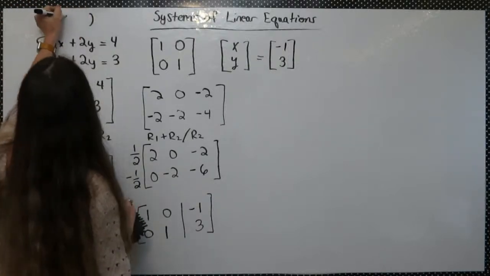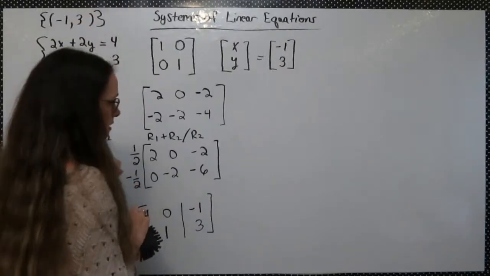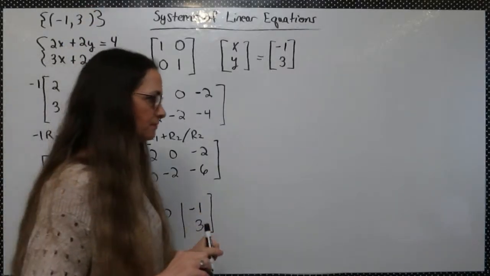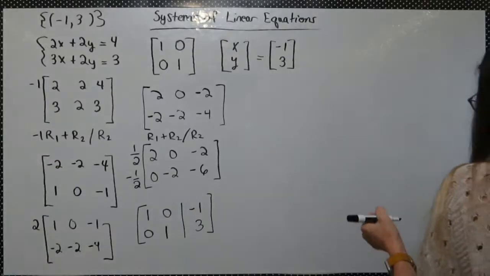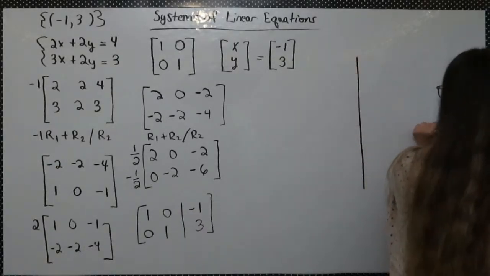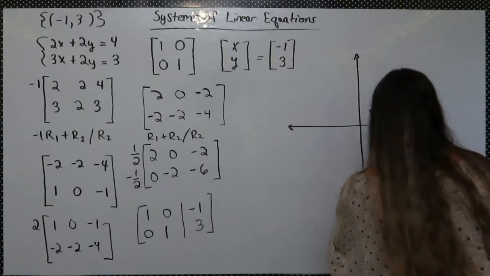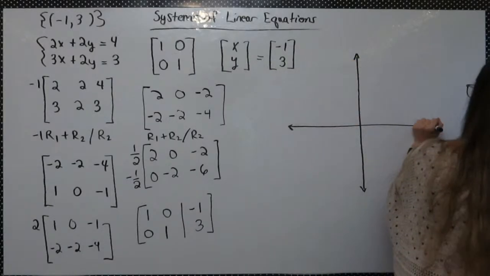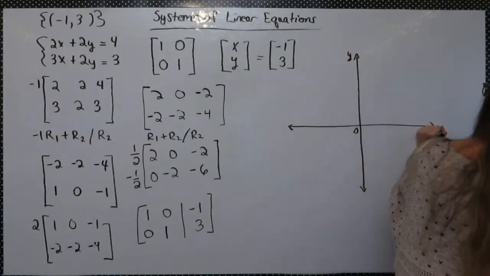We got -1, 3. And since I did that pretty fast in 15 minutes, let's go ahead and verify it graphically and get out the Cartesian coordinate system. Because essentially what we're finding when we're solving these systems is an intersection in the Cartesian coordinate system.